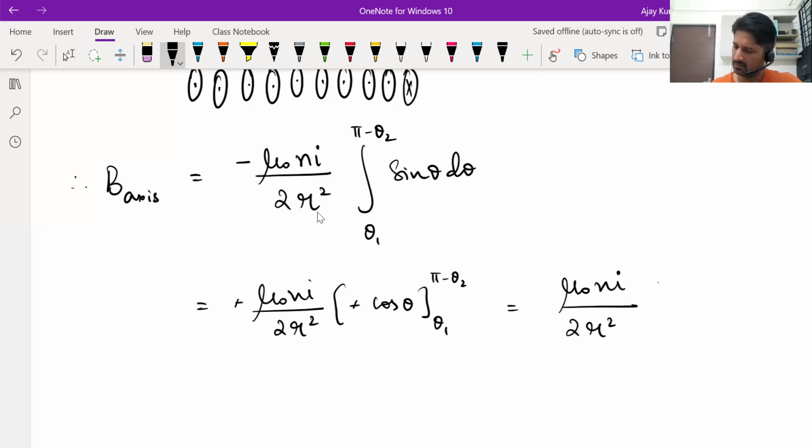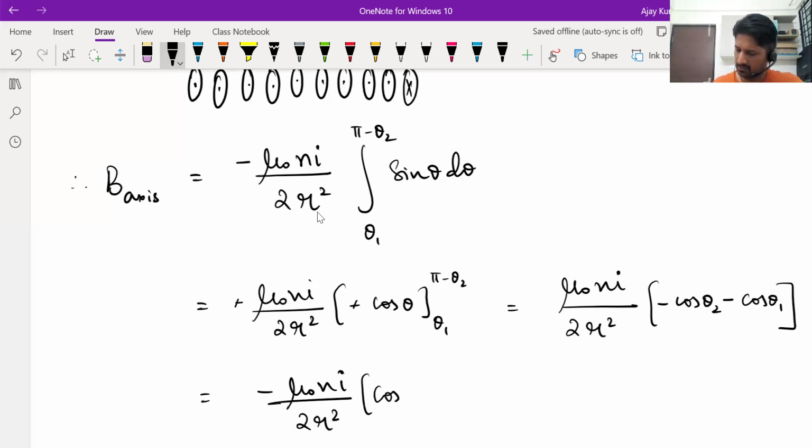Okay, fine. Now substitute the limits. Upper limit pi minus theta 2: cos of pi minus theta 2 becomes minus cos theta 2. Minus of the lower limit theta 1: cos theta 1 is cos theta 1 itself. We'll write it as it is. Put the minus outside: minus mu naught n I by 2 r square, cos theta 1 plus cos theta 2.